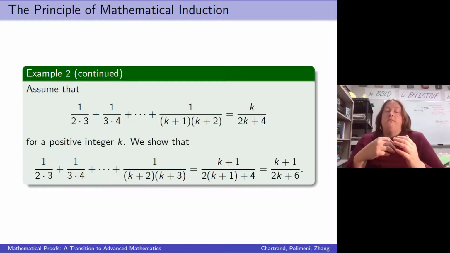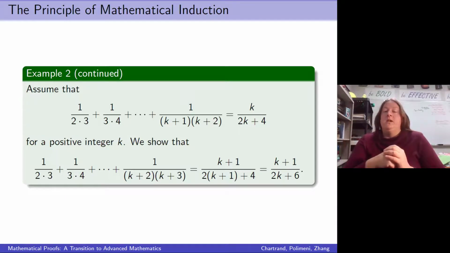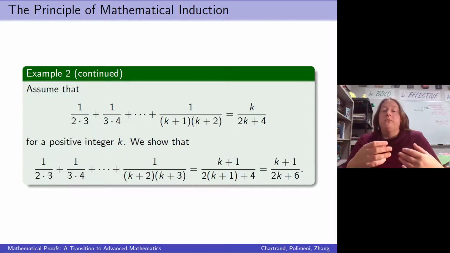So my induction hypothesis is that this holds for k. So plugging k in for n, I find myself with the equation 1 over the quantity 2 times 3, added up all the way up to 1 over the quantity k plus 1 times k plus 2 is going to equal k over 2k plus 4. Now remember, this is what I get to assume in order to prove that this is true for k plus 1.